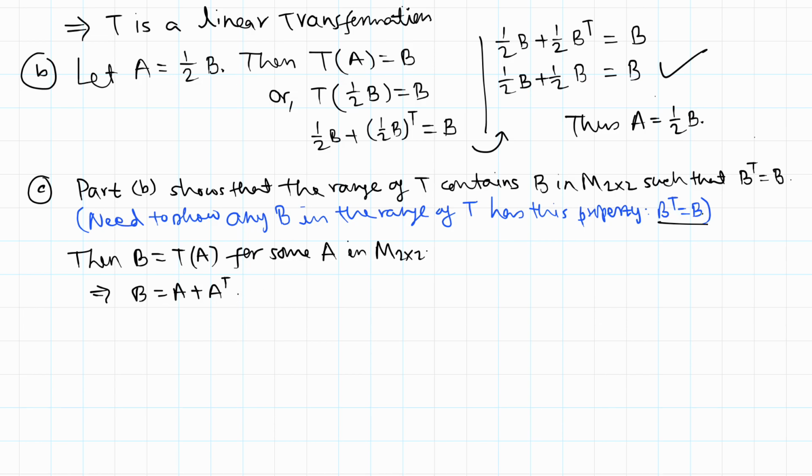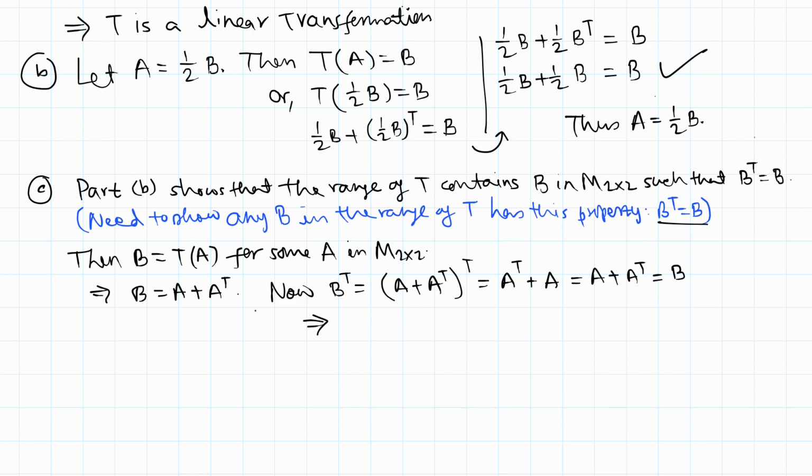Now we need to show B transpose equals B, so let's find the transpose of this one. The transpose of B means A plus A transpose, transposed, which is A transpose plus A transpose transpose, which is A. We can write it this way, and this one is A plus A transpose equals B. Okay, what did we prove now?